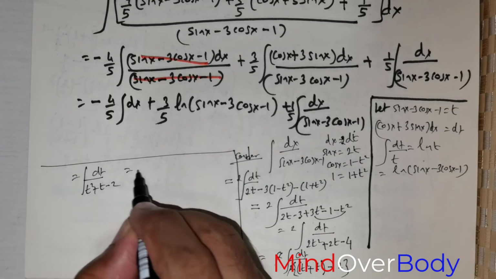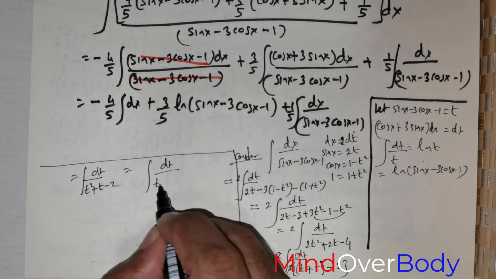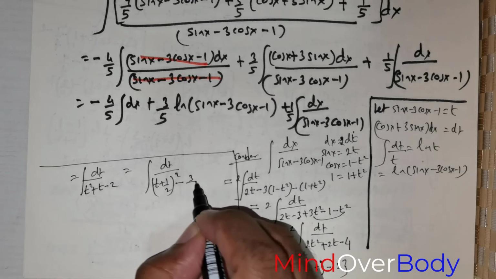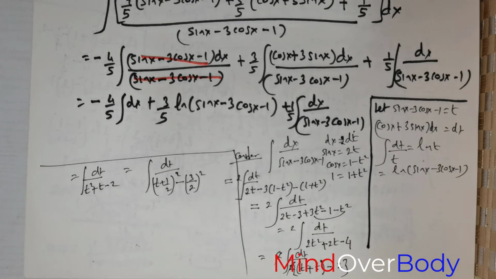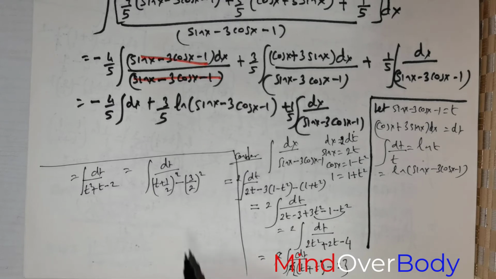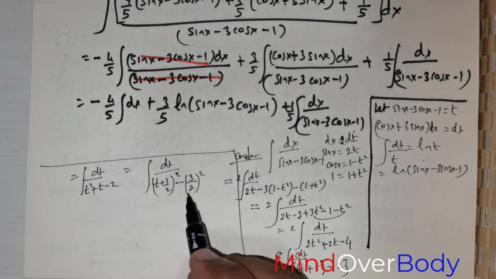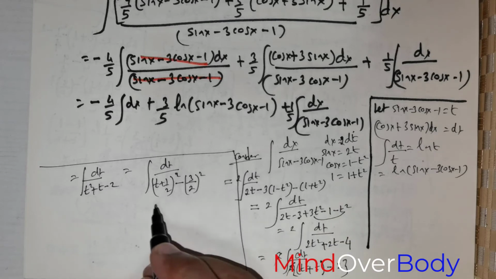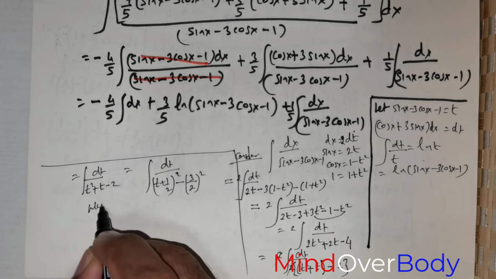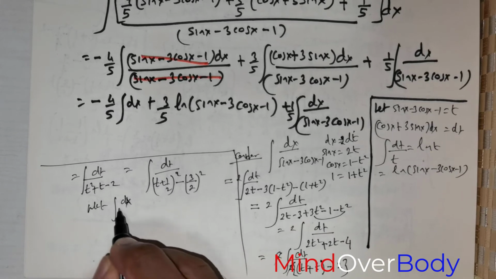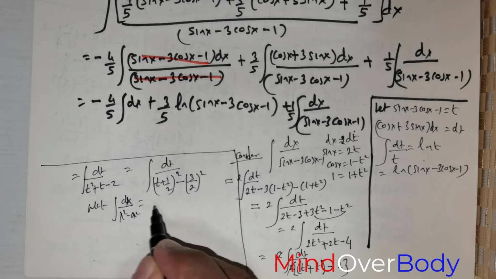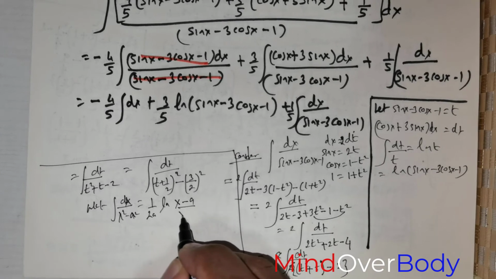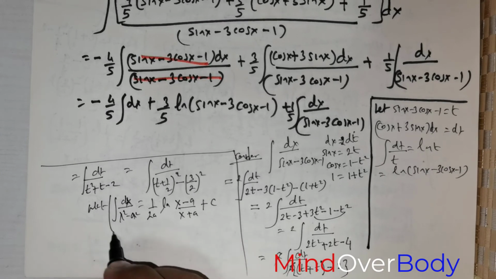Now this can be rewritten as integral dt of t positive 1 over 2 raised to the power of 2 negative 3 over 2 raised to the power of 2. Because I have already shown you how to write it as a square of 2 terms in the previous problem, so you can check that out. Now this is very much similar to integral dx over x squared negative a squared, which has a formula of 1 over 2a log of x negative a over x positive a, positive arbitrary constant c.